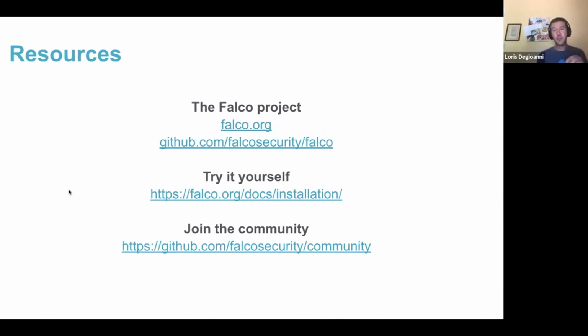Falco has a set of rules that are specifically crafted to match against the main compliance frameworks, for example, PCI. So if you go to the Falco rule set, which is a big YAML file, and you look at the tags, you will see that many rules are tagged as PCI.